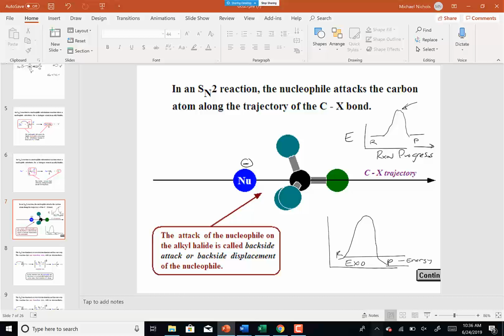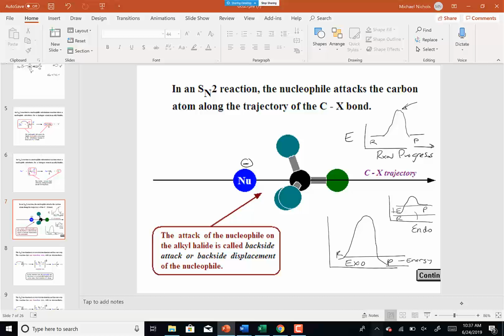That's going to be an exothermic reaction because energy is given off. If the reactants going to products takes energy, so I had to add energy to that process, that's going to be an endothermic process. So if the products have higher energy than the reactants, it's endo. If the products have less energy than the reactant, it's exo.